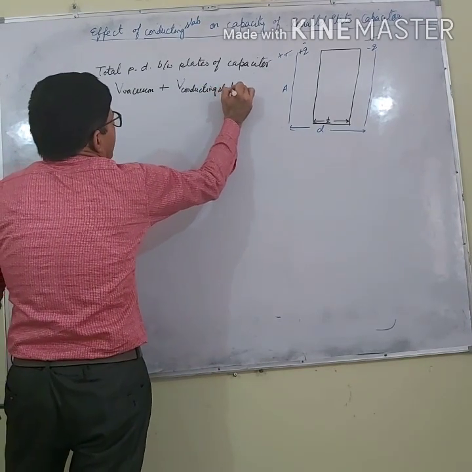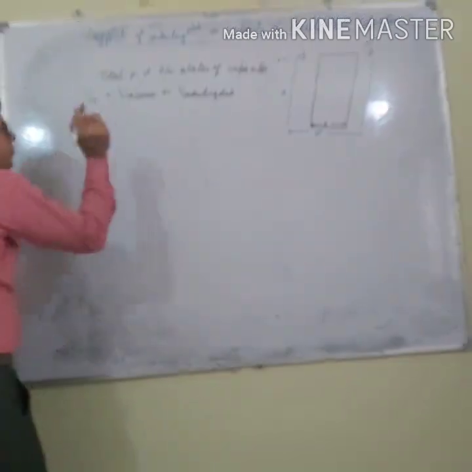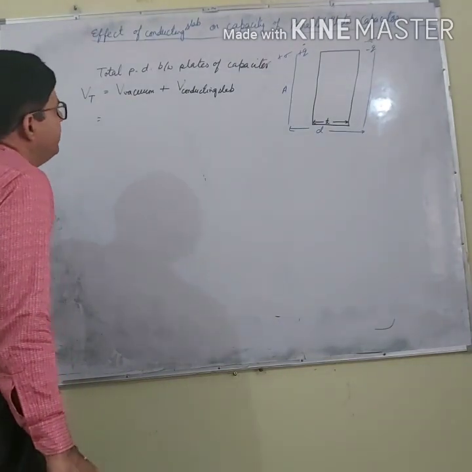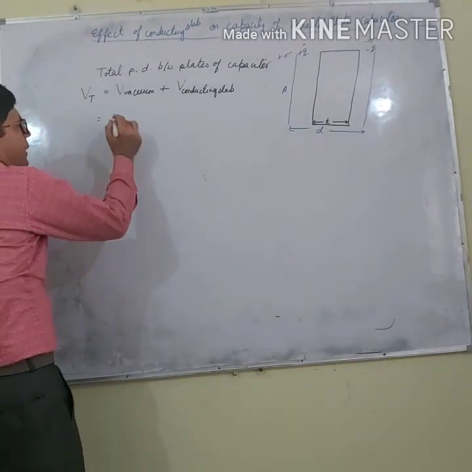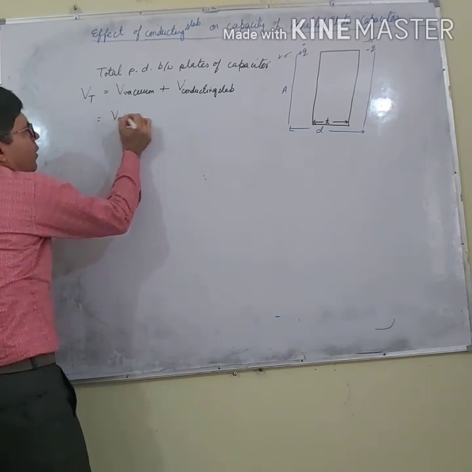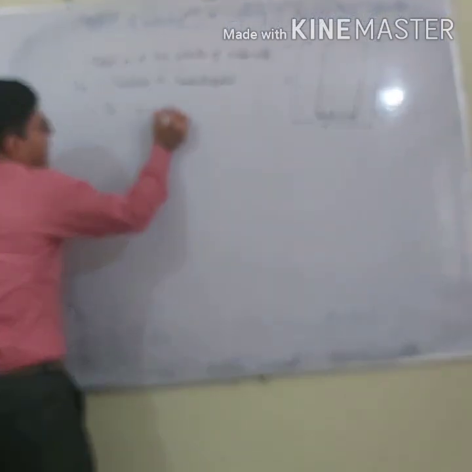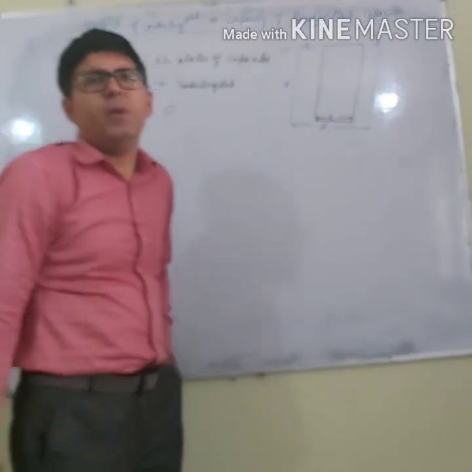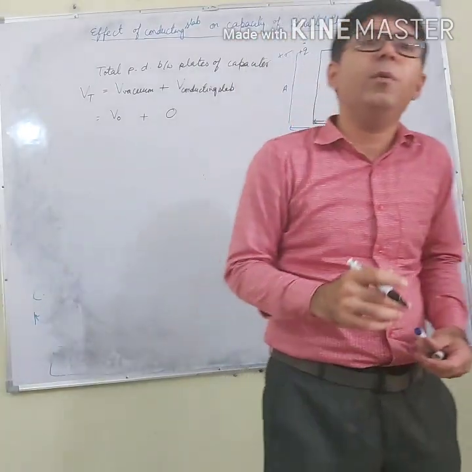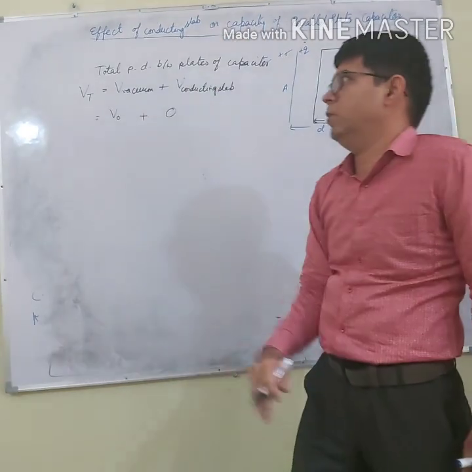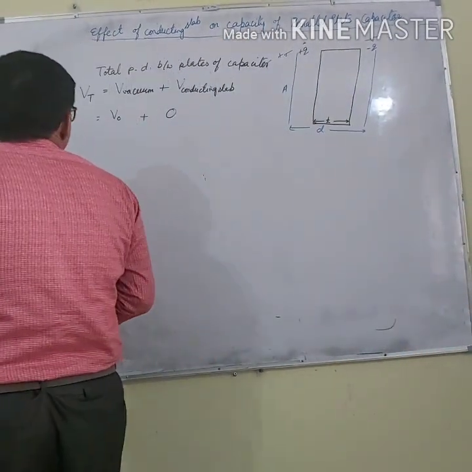For the conducting slab the potential difference is 0. Why? Because a conducting slab is an equipotential surface. For an equipotential surface, V is 0. So I got V naught.